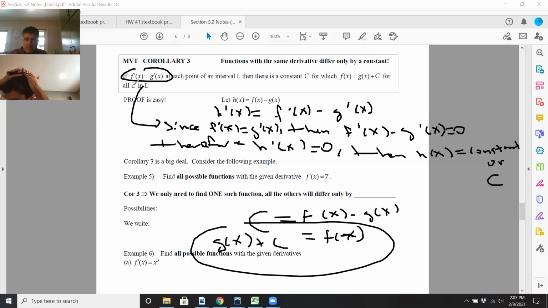Okay, so let's look at example 5. Find all possible functions with a given derivative f prime of x equals 7.